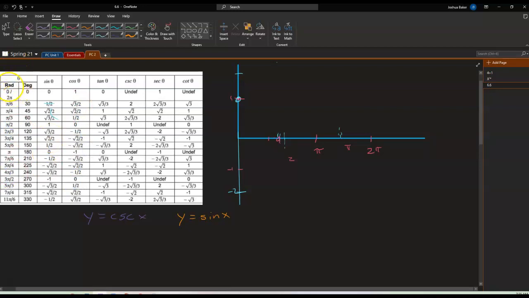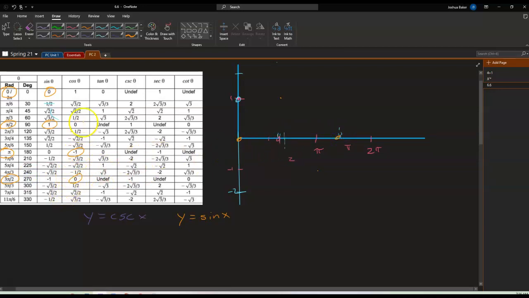For a radian value of 0, the sine is 0. That's here. For a radian value of pi over 2, the sine value is 1. That's here. A radian value of pi is going to be a 0. So that's here. A radian value of 3 pi over 2 is a -1, and that's here.